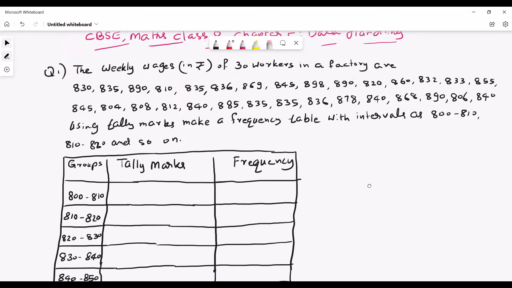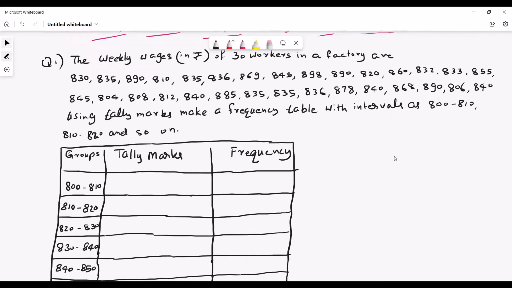Now come to the data. First we have 830 rupees. Mark this 830, then see where it will fall. The 830 appears in the group 820 to 830 and also in the next group, 830 to 840. So in both groups this 830 is there.